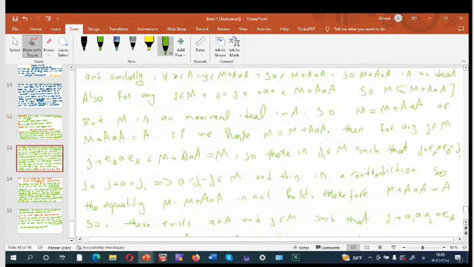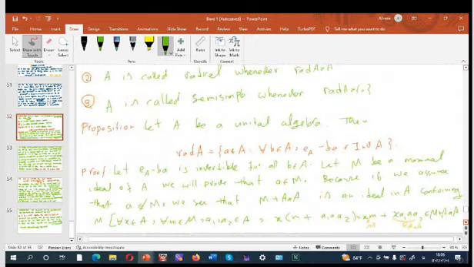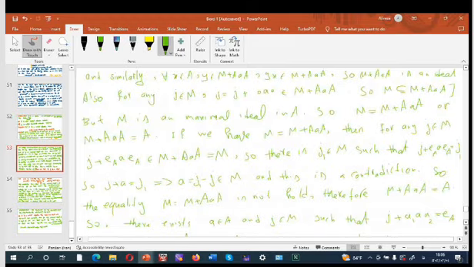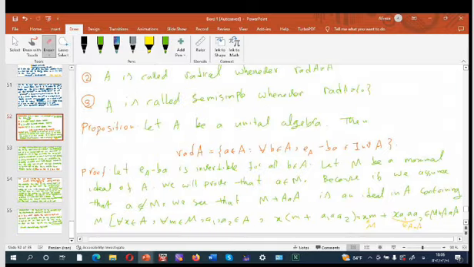So in this proof, dear students, for a left ideal we can consider this only, because this is a left ideal. Let me correct this, because we want a left ideal only.